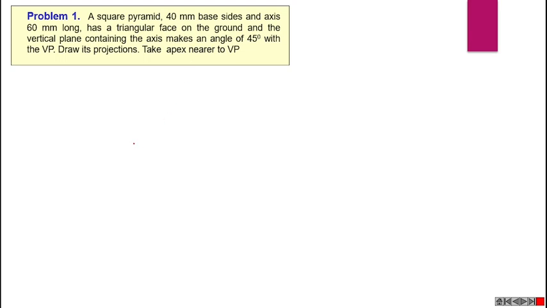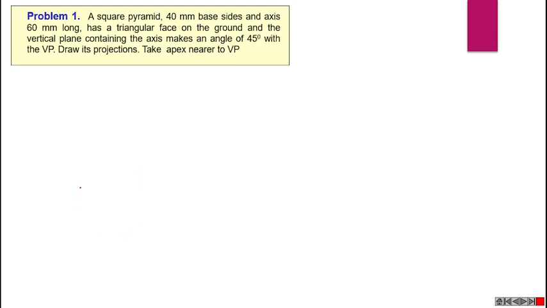That means the triangular face is resting on HP. In the base figure, the axis must be perpendicular to HP, or perpendicular to the ground. We can treat that ground as HP, the horizontal plane.